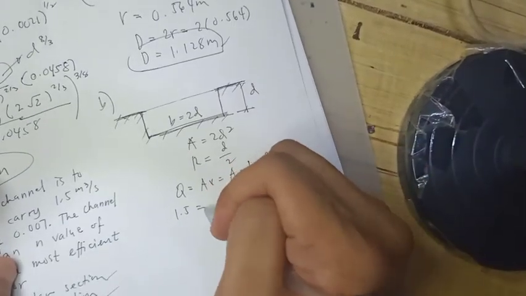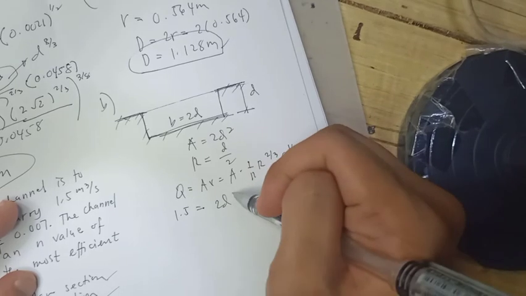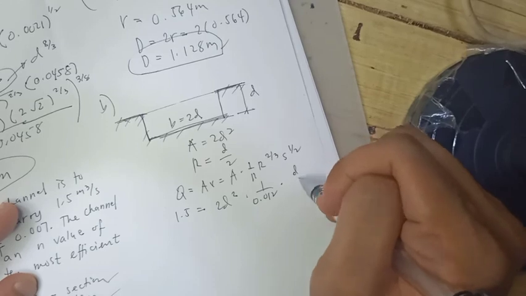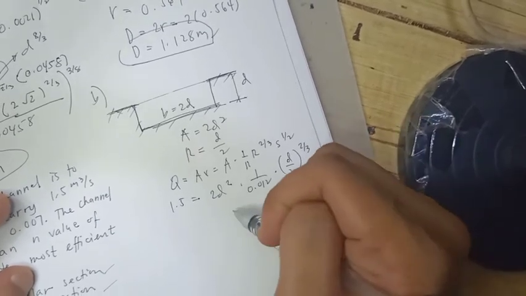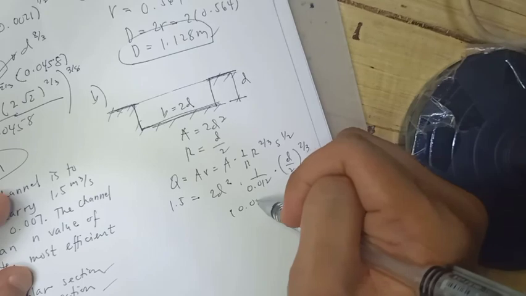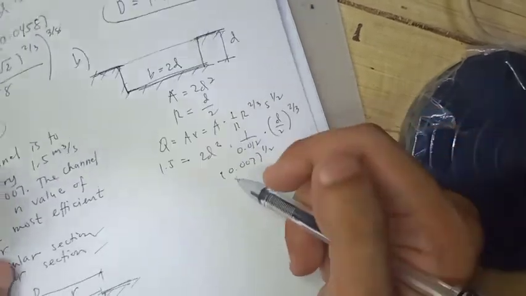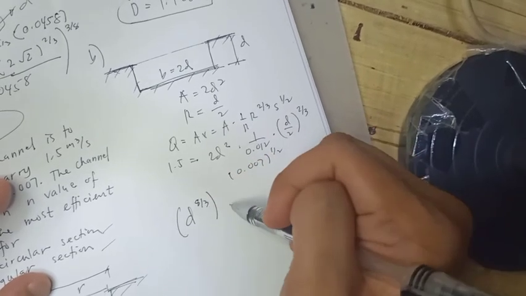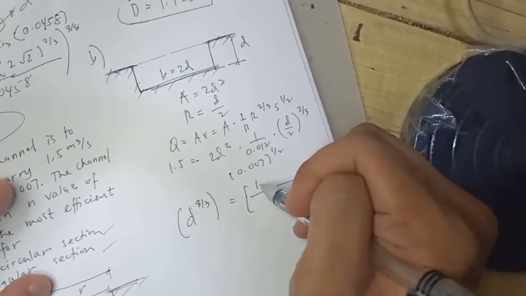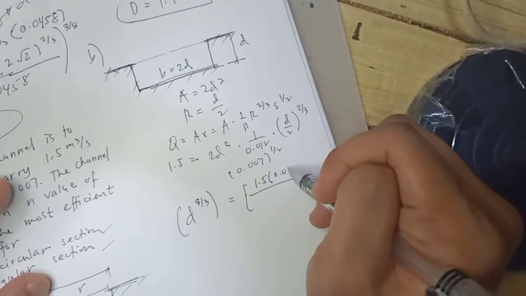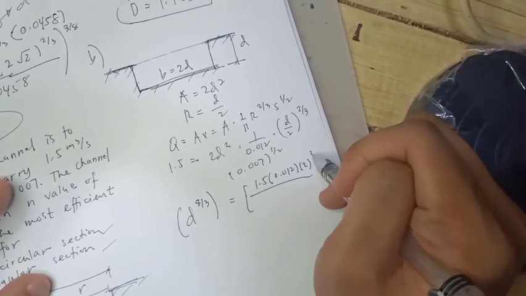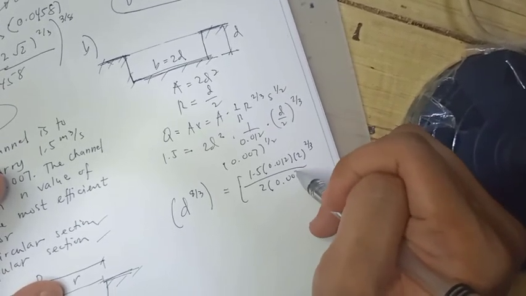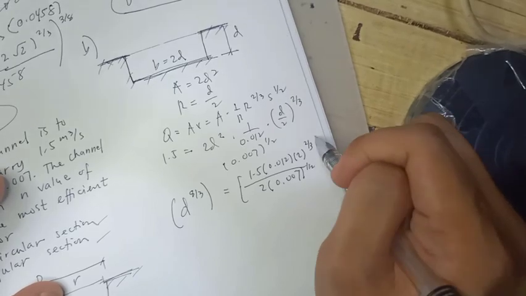So 1.5 equals 2D squared times 1 over 0.012 times D over 2 raised to 2/3, and S is 0.007 to the 1/2. Therefore, D is raised to 8 over 3 and equals 1.5 times 0.012 times 2 raised to 2/3 over 2 times 0.007 raised to 1/2.